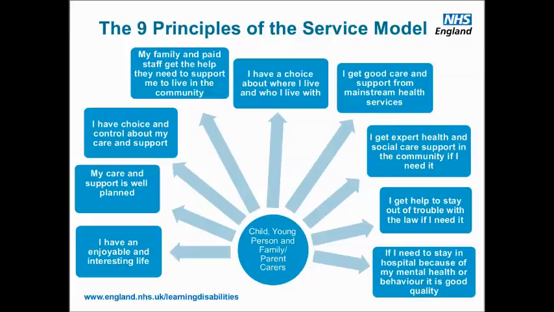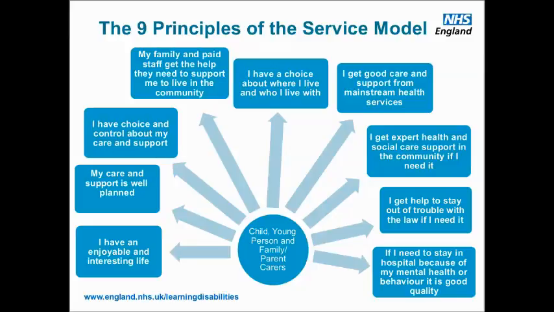Children and young people have choice about where they live and who they live with, and obviously that relates closely to, and I'll come on to talking about, out-of-area placements and specialist inpatient facilities. I get good care and support from mainstream health services, so it's making sure it's the first line of service.